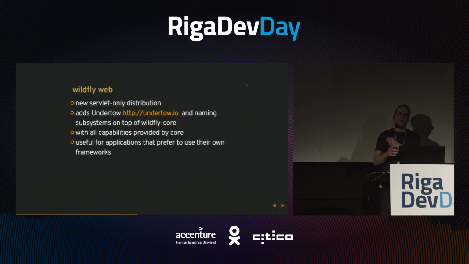So it has our own class loading, very efficient services layer, our feature-rich management tools. So all this stuff you are getting with the core, and we are just adding two subsystems on top of the core to provide it.